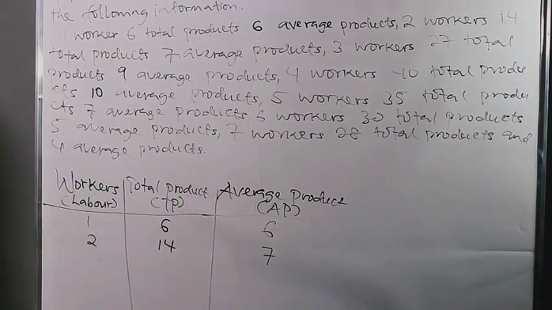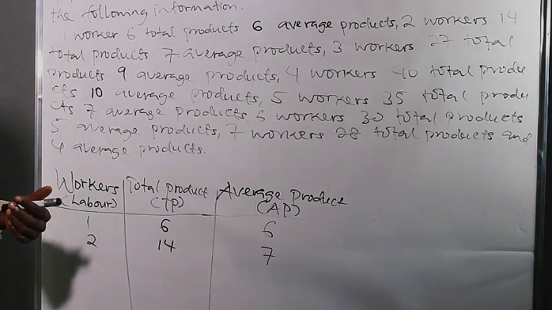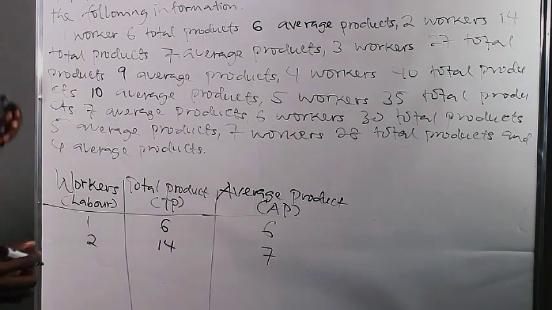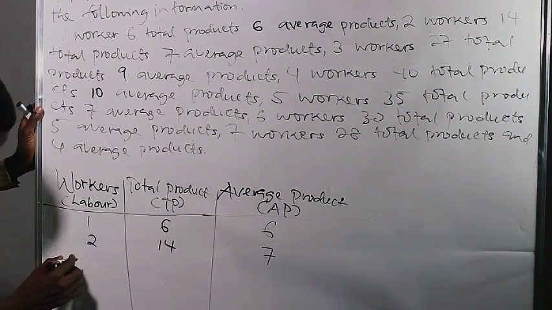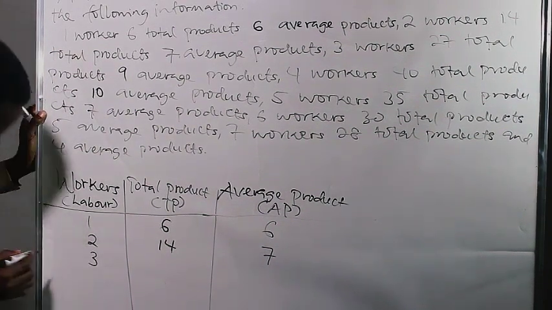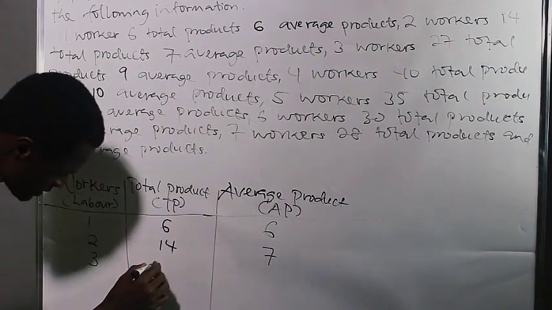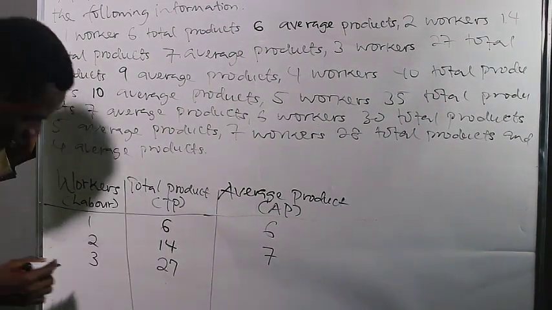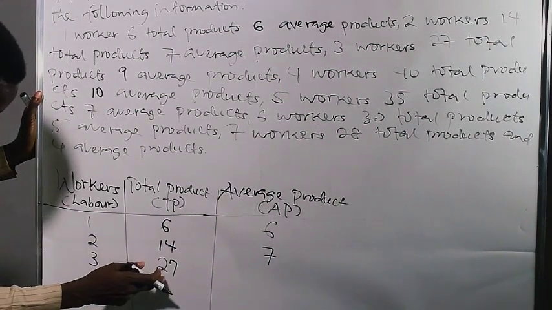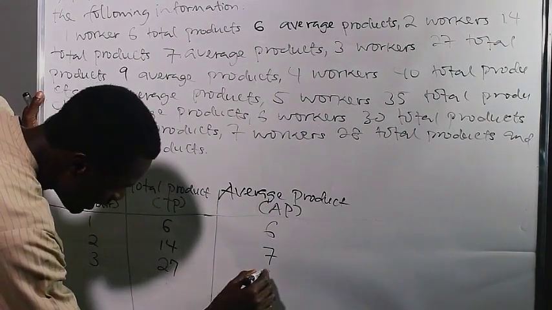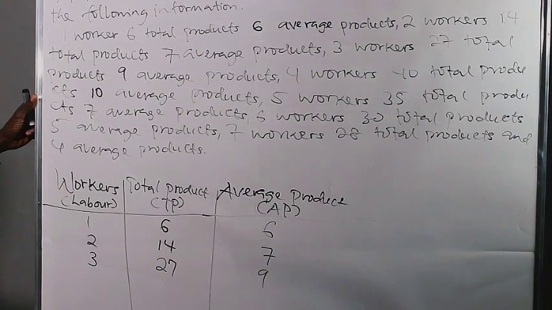That means each worker contributed 7 units of output in that production process. And in the third day, another worker was added, so they become 3 now. The total product was 27, as you can see from the information. So when we divide this by this, we have 9 units of output.